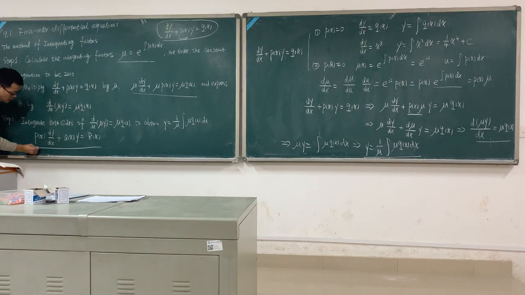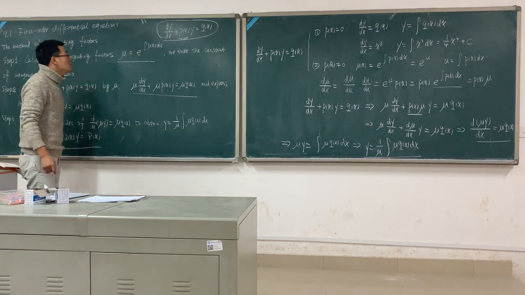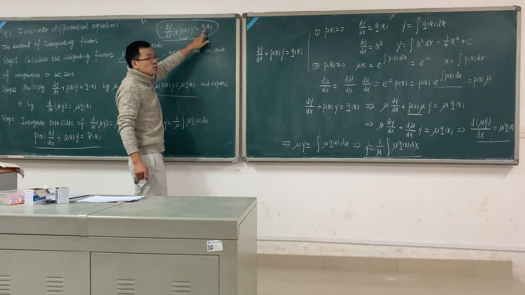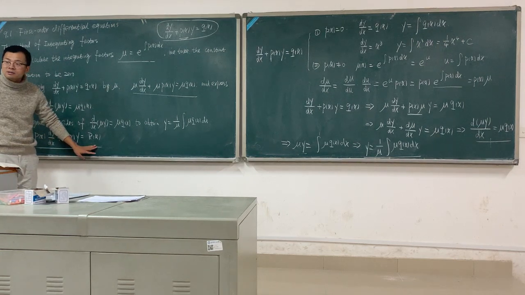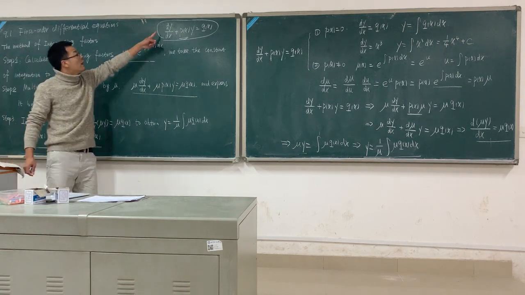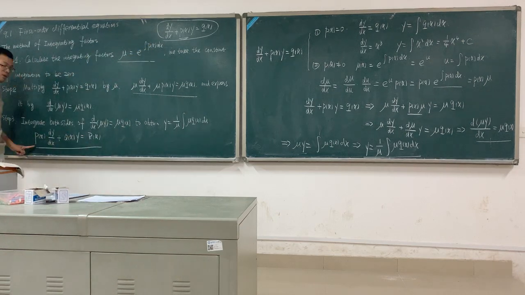What's the difference between this one and this one? Here is dy/dx plus p(x)y equal to q(x). This is P(x) dy/dx plus Q(x)y equal to R(x). The difference is that here the coefficient is 1, but this coefficient is P(x).